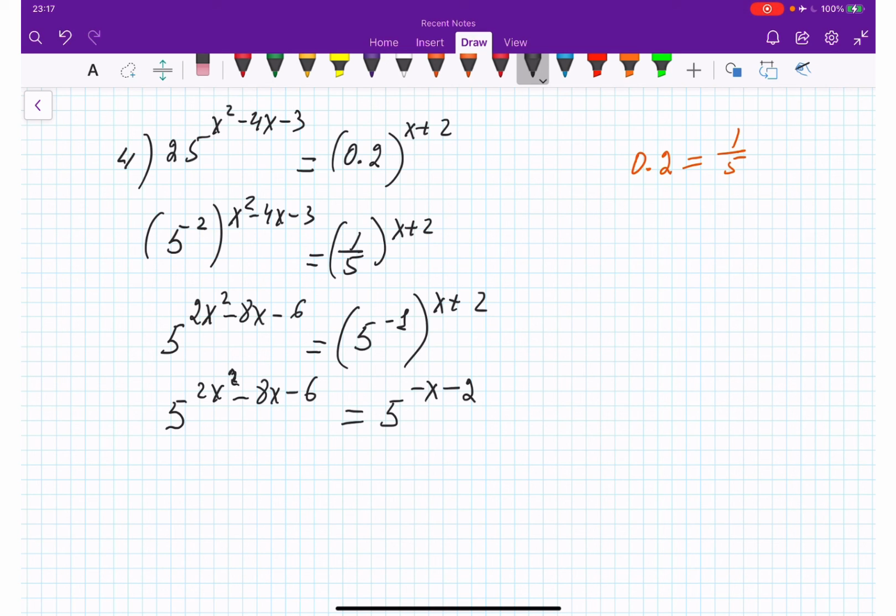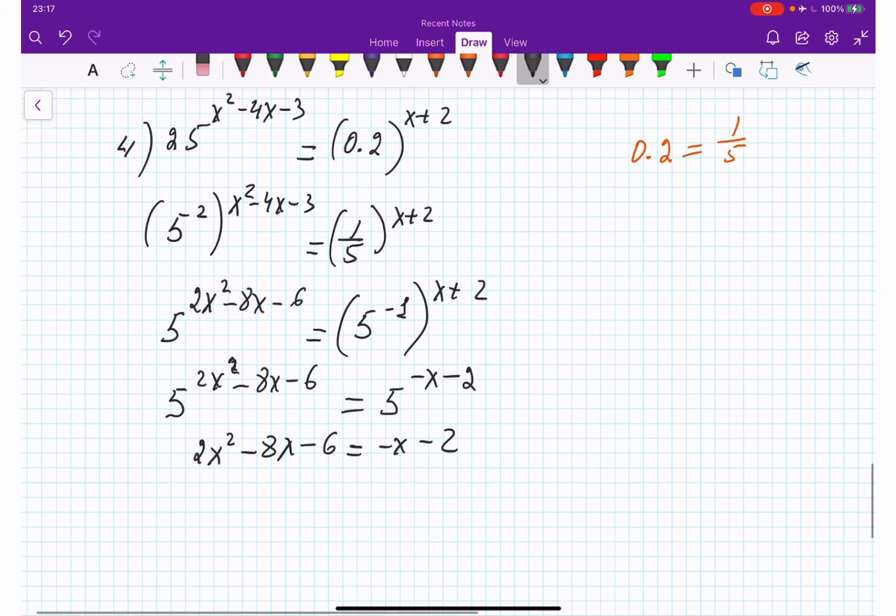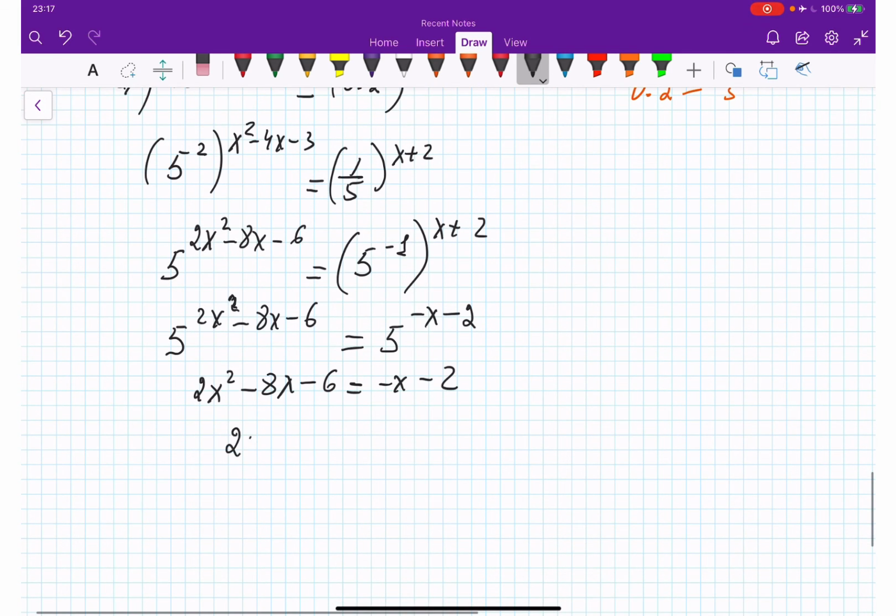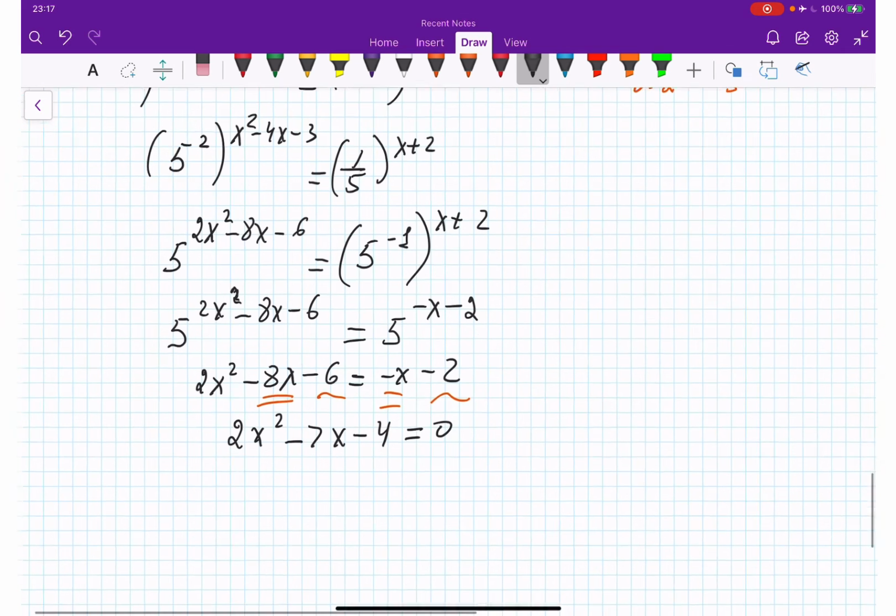All right, so since we got the same base, we can drop the base and we will have 2x squared minus 8x minus 6 is equal negative x minus 2. And from here, 2x squared minus 7x minus 4, right? We combined like terms. Okay, and this is going to be equal 0.